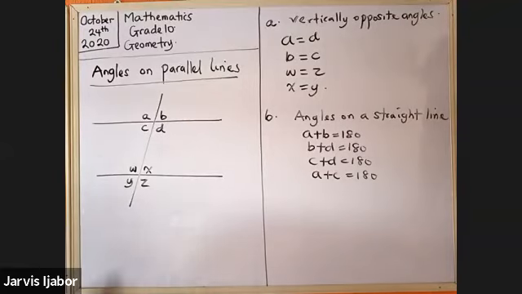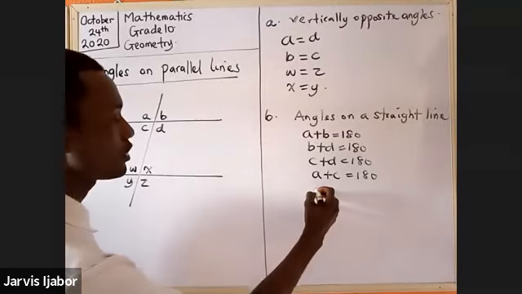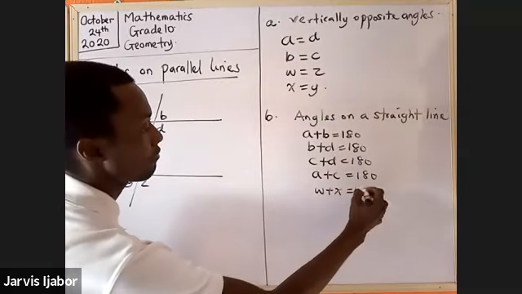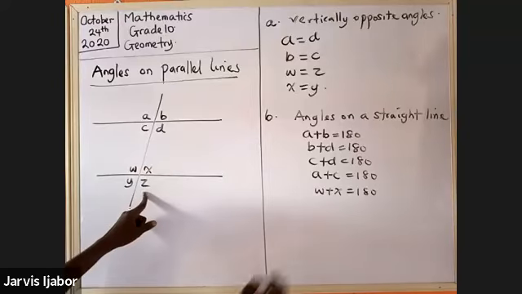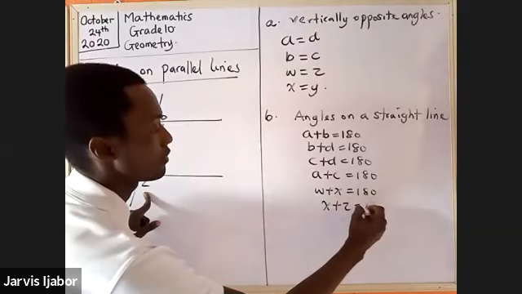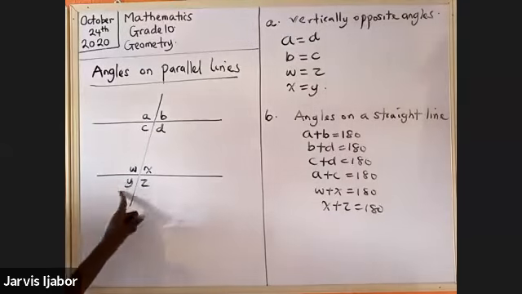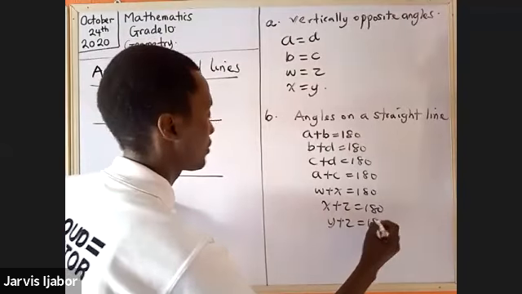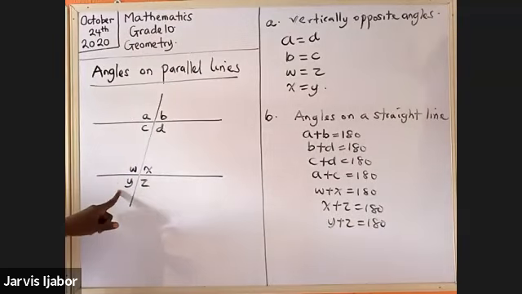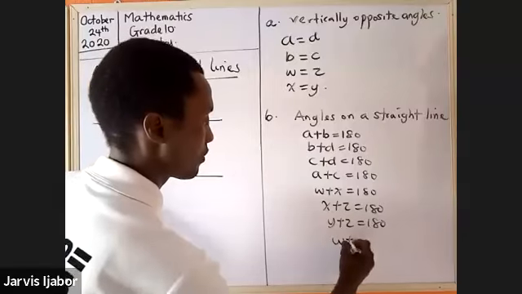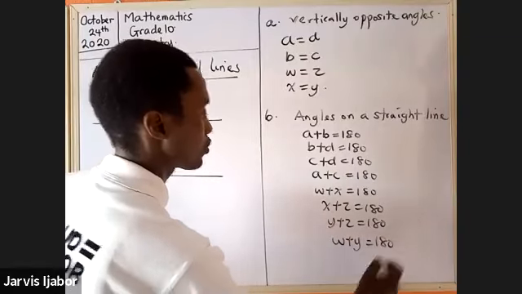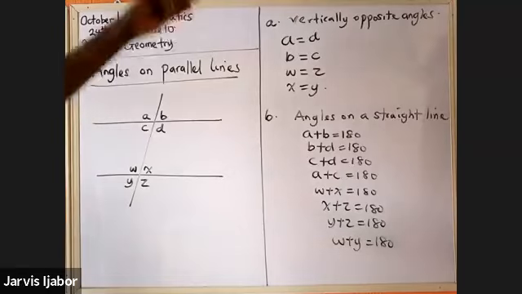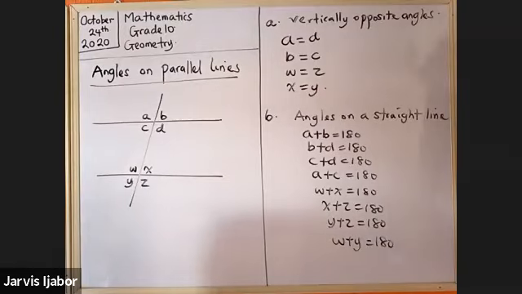Are you seeing that? Now come to this part. You're going to have W plus X, X plus Z, Y plus Z, W plus Y. So all these angles are angles on a straight line.